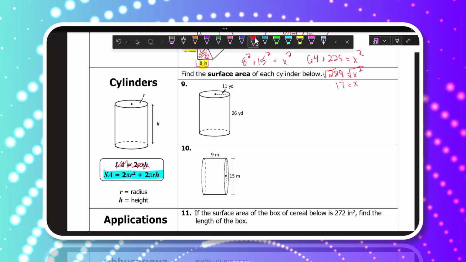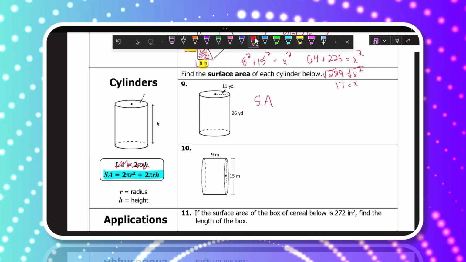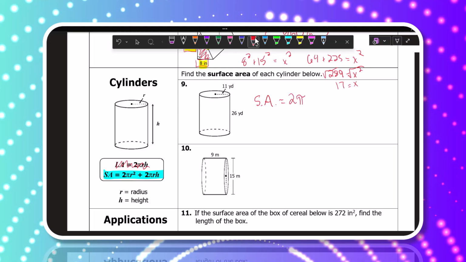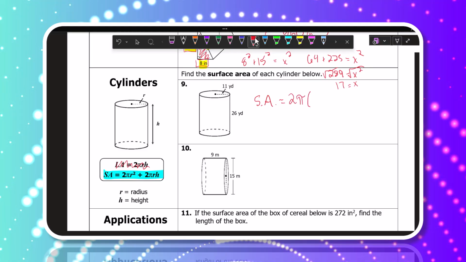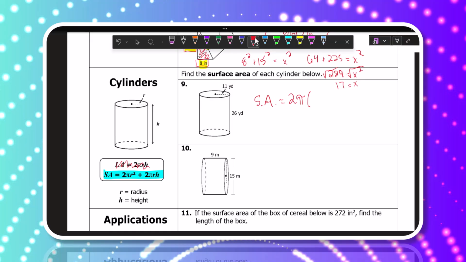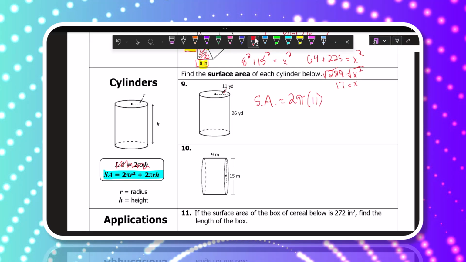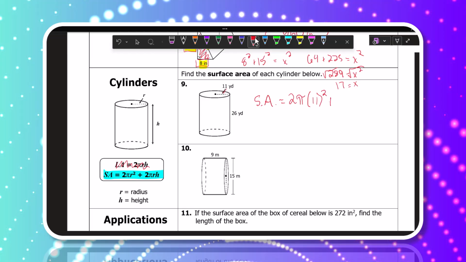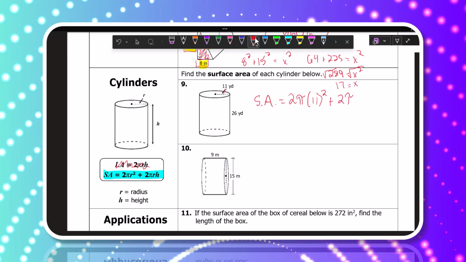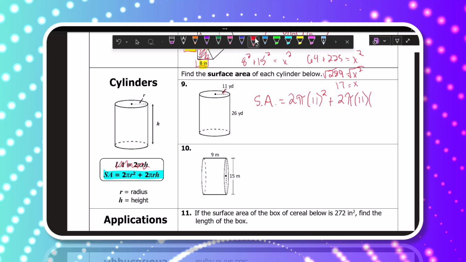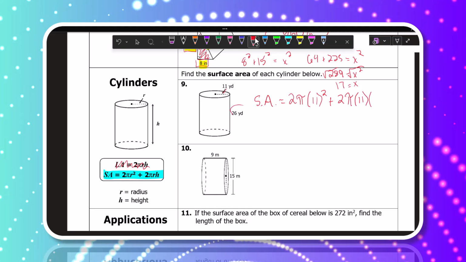So if we're looking at number 9, surface area equals 2 times pi times r, which is the radius of the base, the radius of the circle, which is 11, it says it right there, squared, plus 2 times pi times our radius again, and then times our height, which in this case is 26.